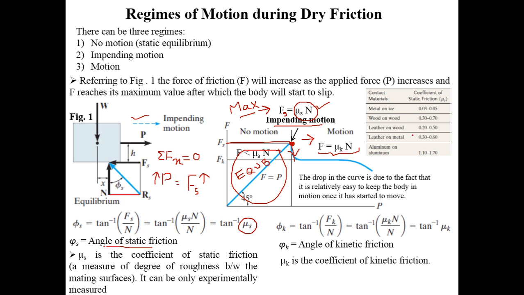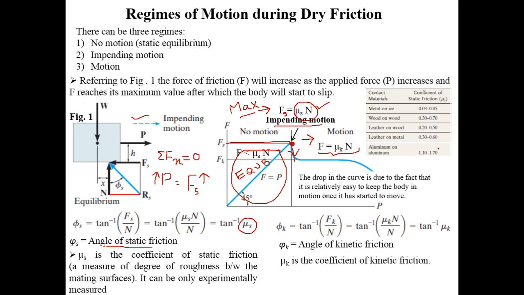So here you can see a table, and here I have shown you some values of the coefficient of static friction. Metal on ice has 0.03 to 0.05. Wood on wood has a coefficient of static friction of 0.3 to 0.7. Leather on wood 0.2 to 0.5. Leather on metal 0.3 to 0.6.